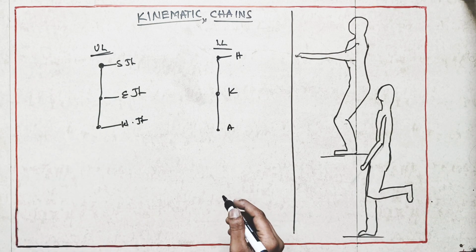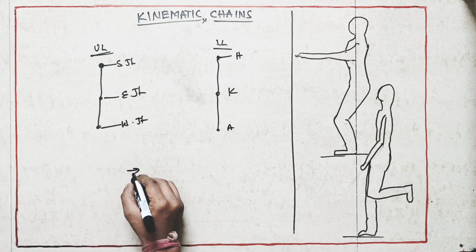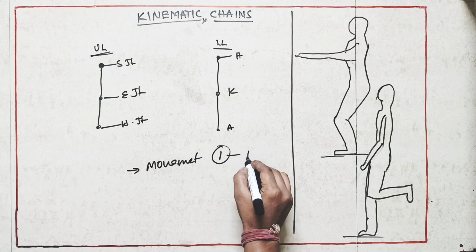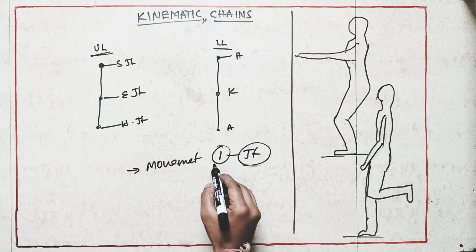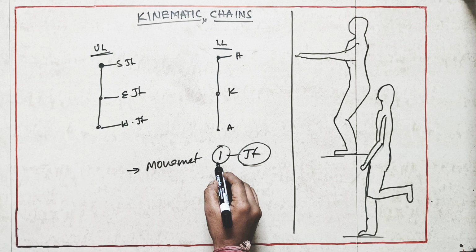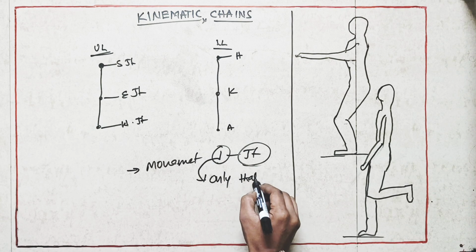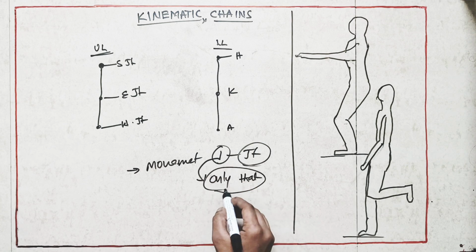What does kinematic chain mean? Suppose we are doing movement in one joint. If the movement is happening only in that joint, that movement is nothing but open movement.